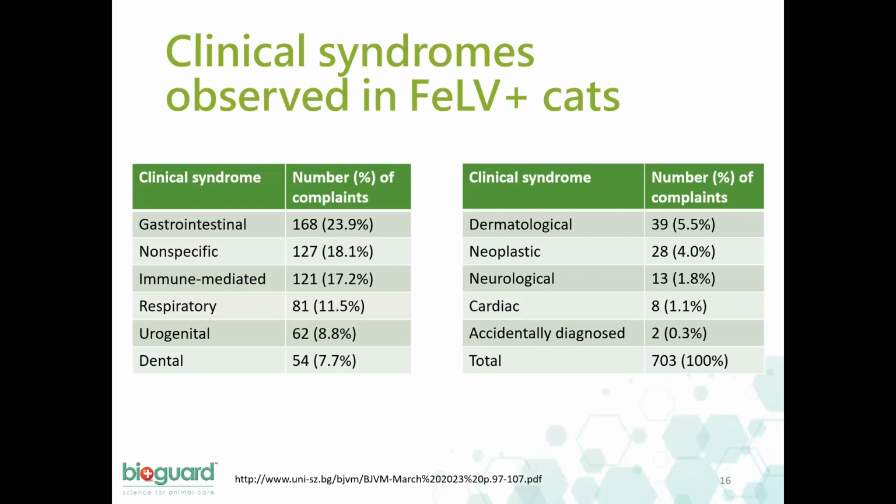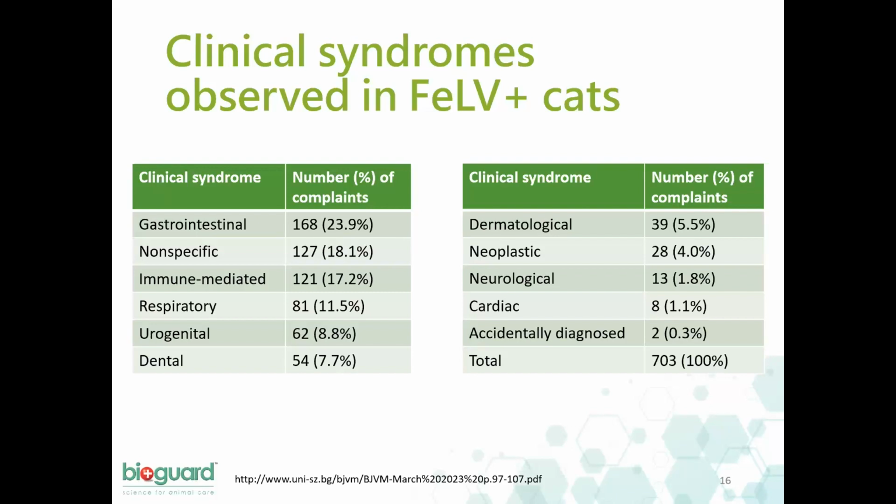For the non-specific, the signs that they observe are they are lethargic, they have fever, hypothermic, anorexic, dehydrated, and there is free fluid in both chest and abdominal cavity.